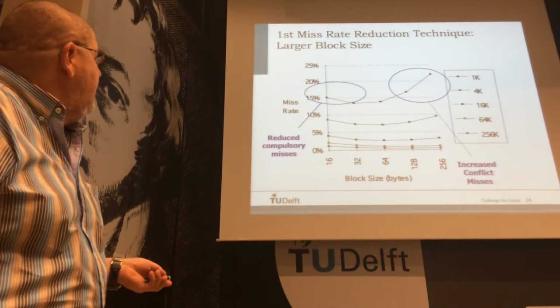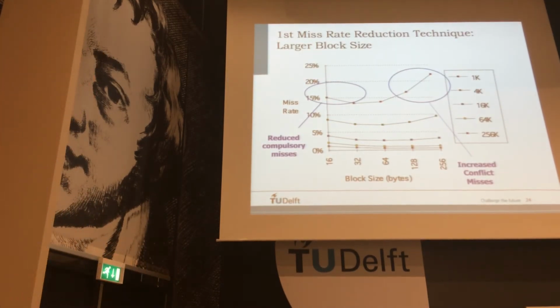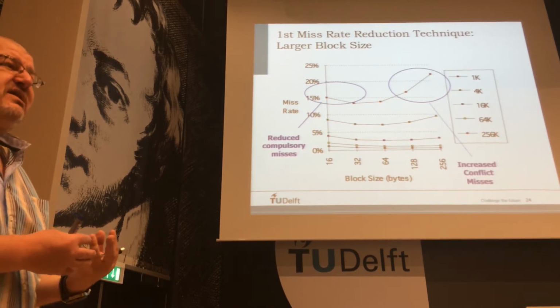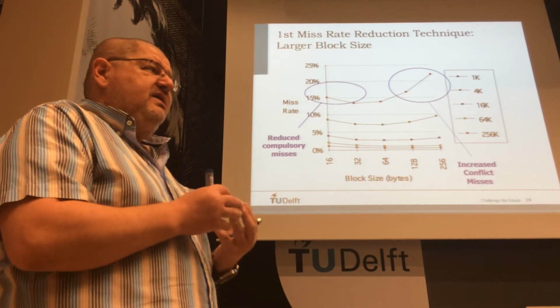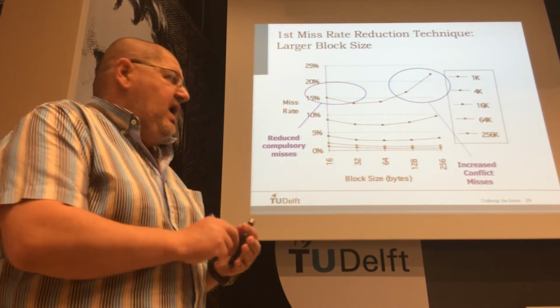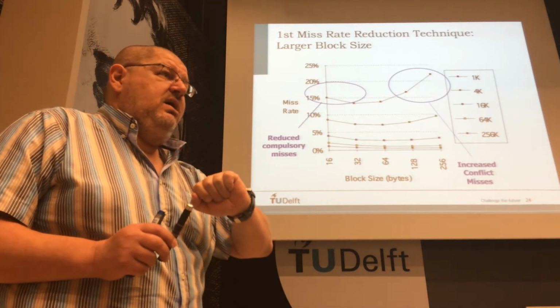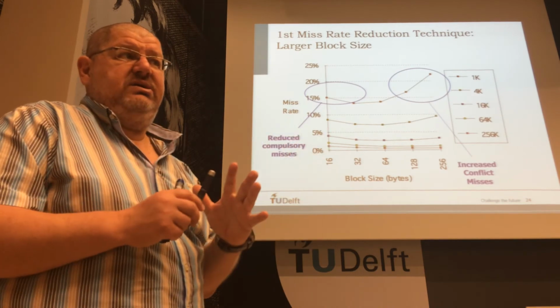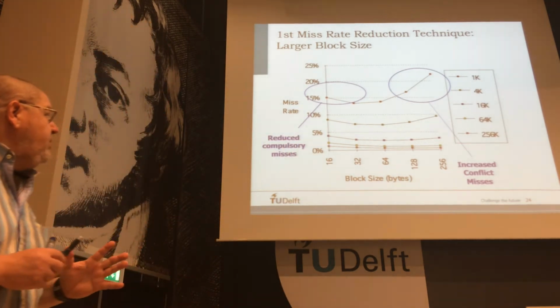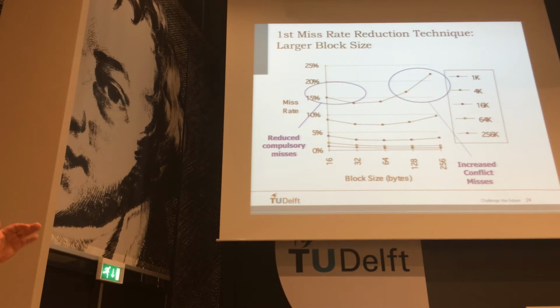Now, when we talk about a cache, there is another parameter that we did not discuss explicitly in performance, and this one is the capacity of the cache line. I was saying that I have a cache line which can store 4 elements, but it can be longer or shorter. Here, we have an analysis of the block size and the miss rate corresponding to that for different cache capacities.